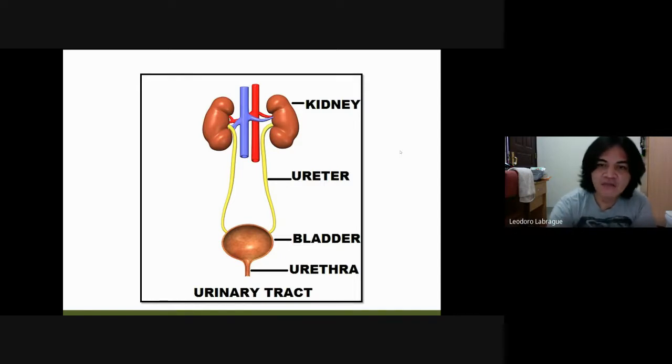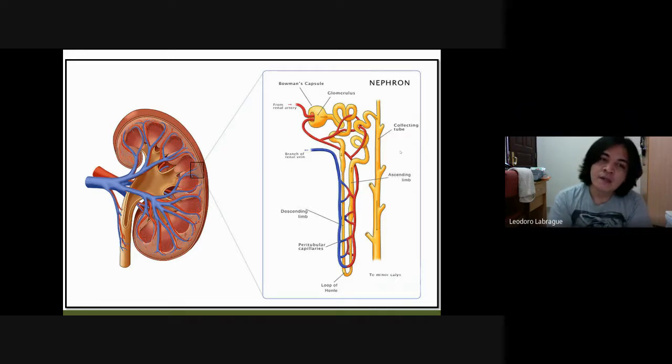Okay? Specifically, the nephron is very important and it's an important part of our kidneys. Normally we have approximately 1 million nephrons in our kidneys. And Mr. Moaid is correct.